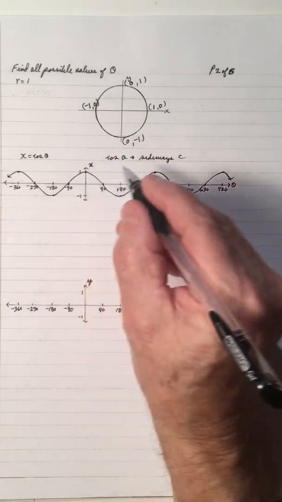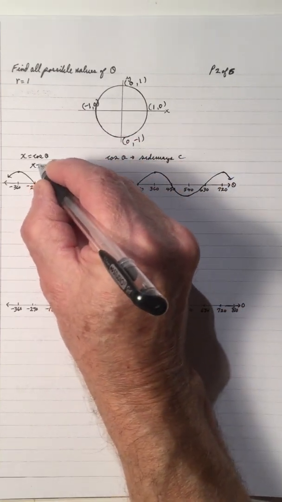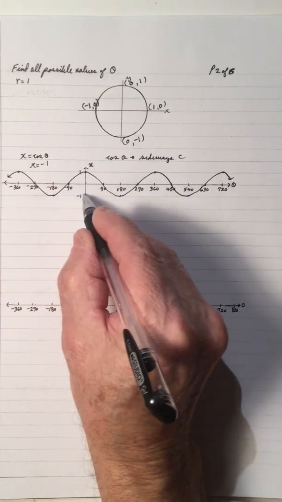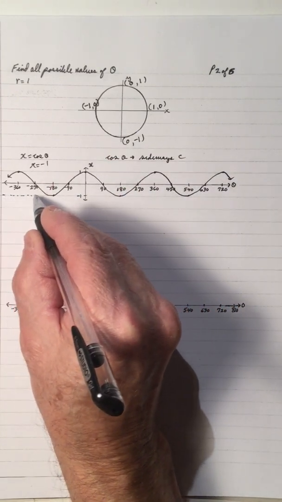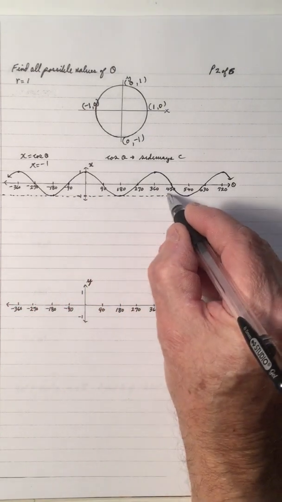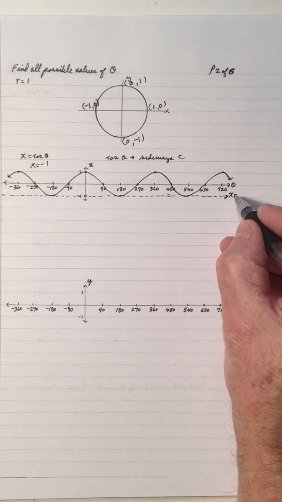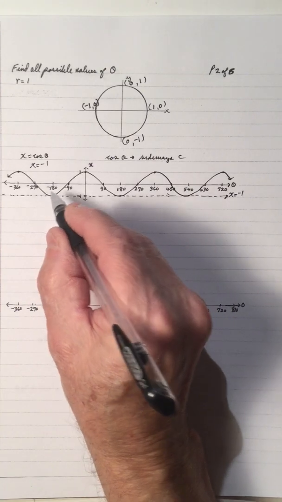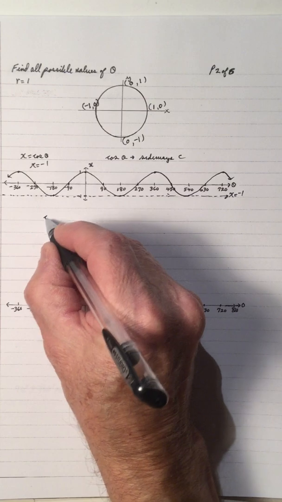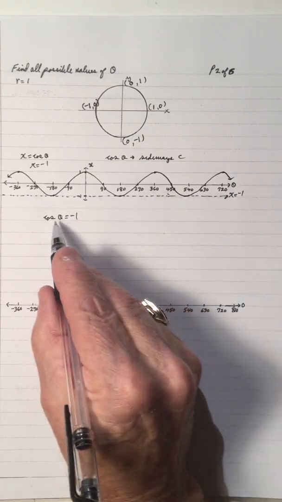Let's look at the equation x equals -1. Negative 1 is right here, so x is -1 all the way along this line. If you take these two equations and put them together, you get cos theta equals -1.